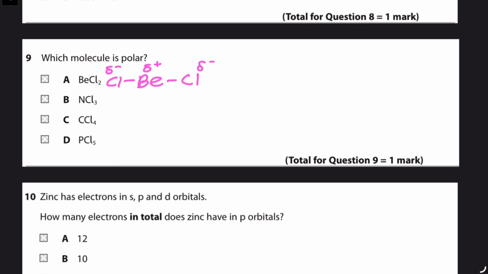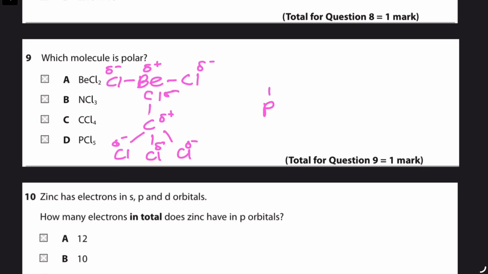This is a symmetrical shape, therefore the dipoles cancel. CCl4 is a tetrahedral molecule. Chlorine is more electronegative than carbon, so chlorine has delta negative charges and carbon has a delta positive charge. This is also a symmetrical shape, so the dipoles cancel.